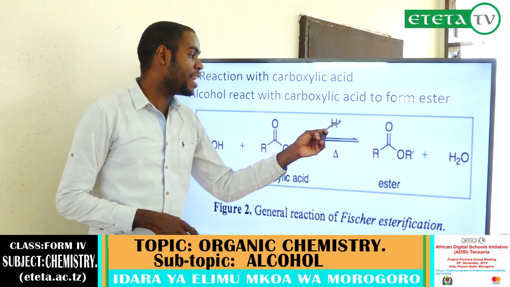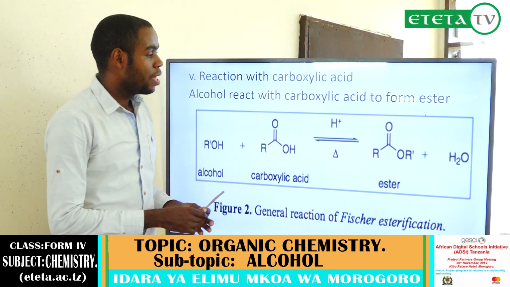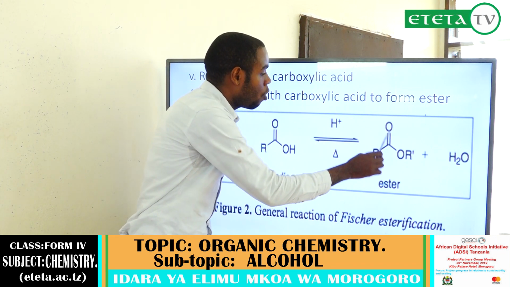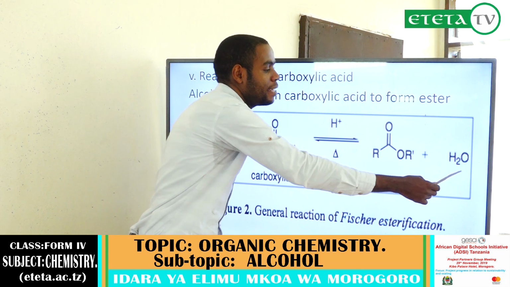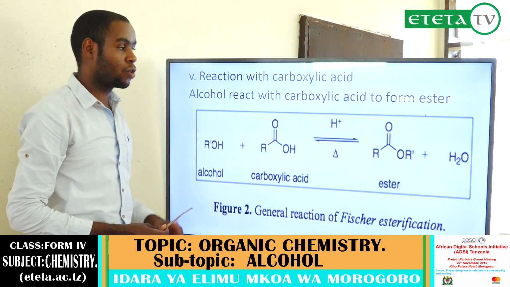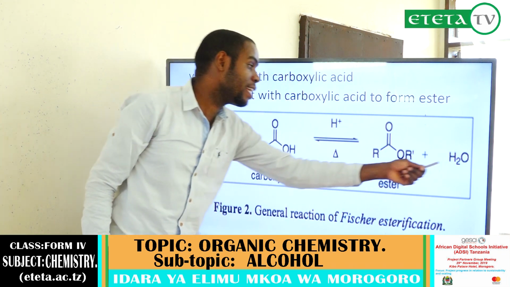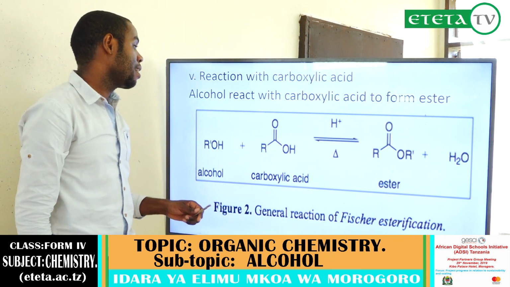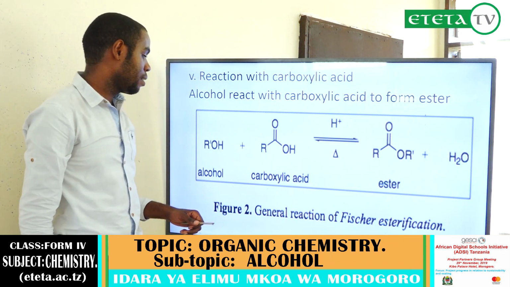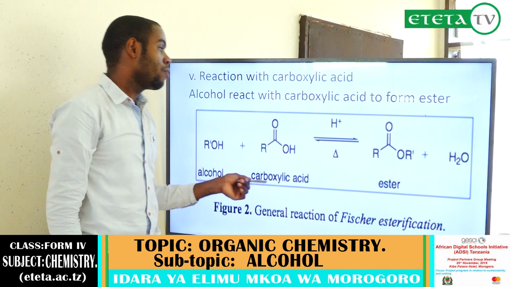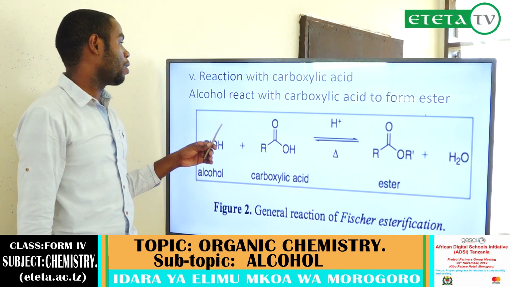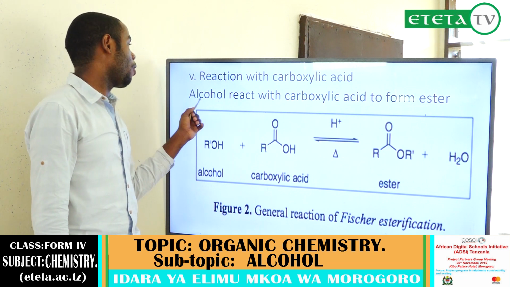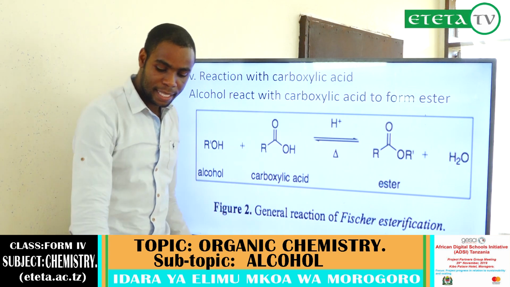In acidic media, if you heat it, the product is RCOOR, which is ester, and water. So two products are obtained, ester and water. This is the general reaction between alcohol and carboxylic acid.